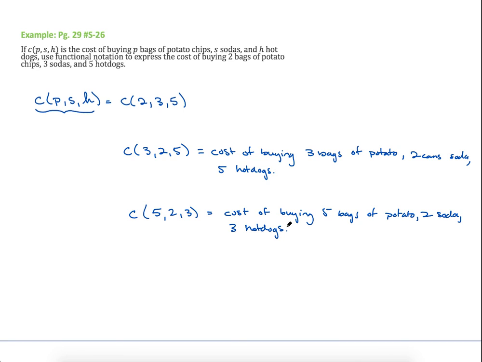So again, just pointing out that how the notation is defined for the function is important, and it's important because it tells us how to read the notation and what it means.